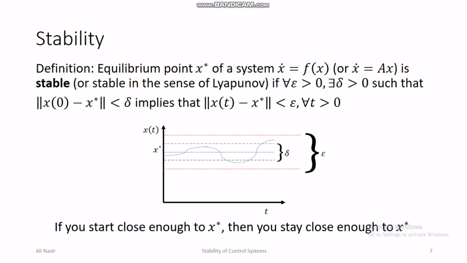So if you summarize the definition of stability: if you start close enough to x star, then you stay close enough to x star. If you have that, then you have stability.